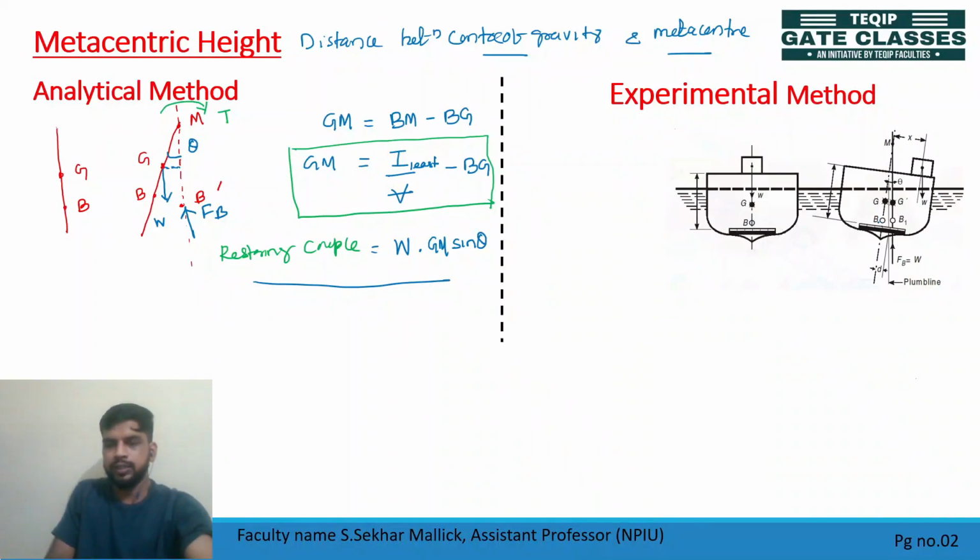So buoyancy changed from B to B1, and center of gravity changed from G to G dash. Then can I write W into GG dash is equal to small w into x. x is the distance traveled by this small weight.